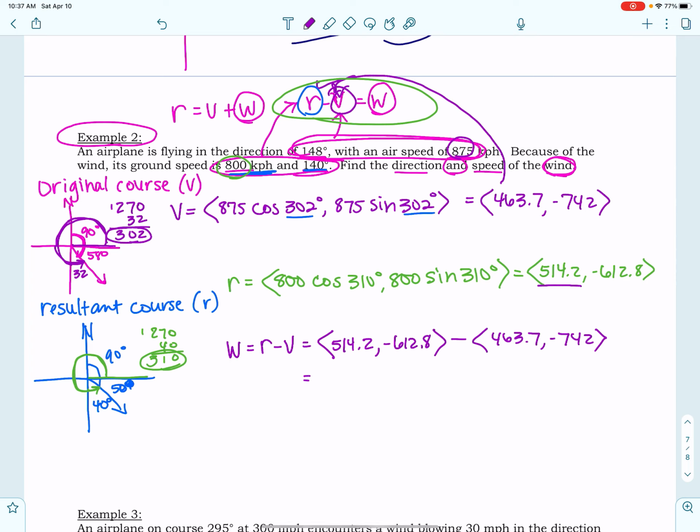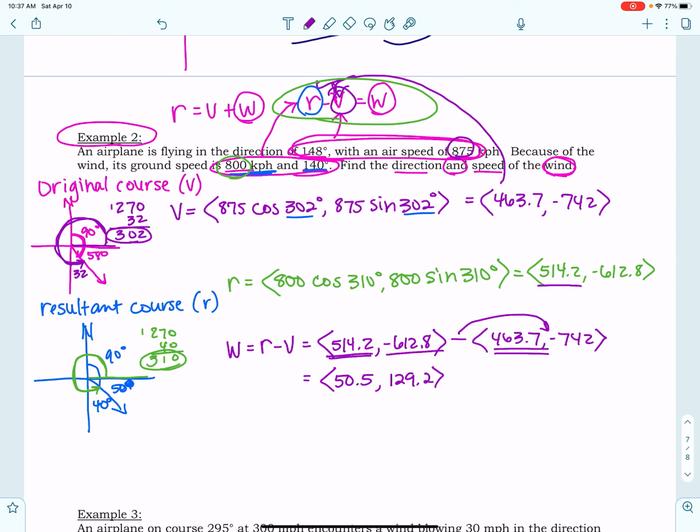Remember, keep the horizontal components together and the vertical components together. So 514.2 minus 463.7 gives me 50.5, and negative 612.8, notice what happens here. The negative gets distributed, so plus 742 gives me 129.2.